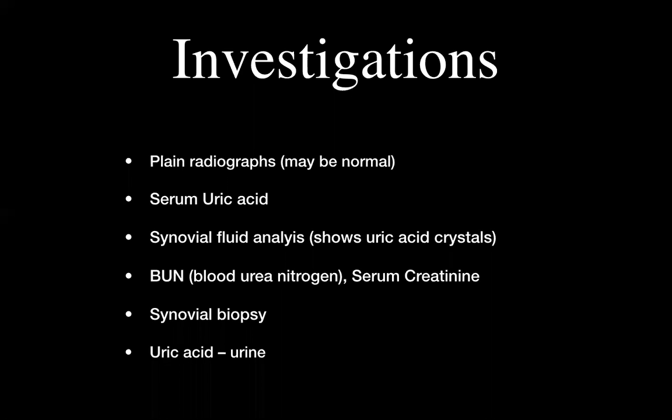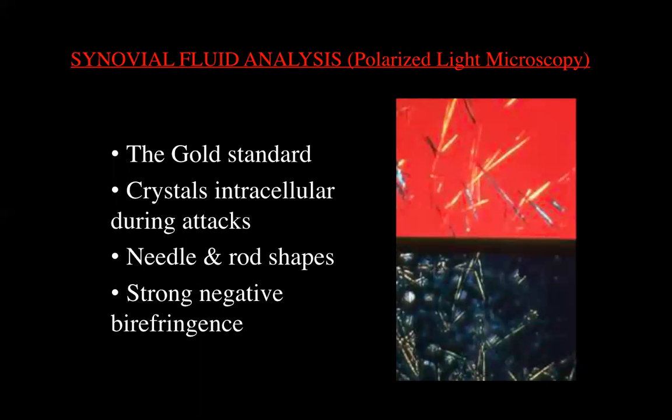Investigation. Plain radiographs may be normal. Serum uric acid, synovial fluid analysis, BUN (blood urea nitrogen) or serum creatinine, synovial biopsy, uric acid in urine. This will be explained step by step.